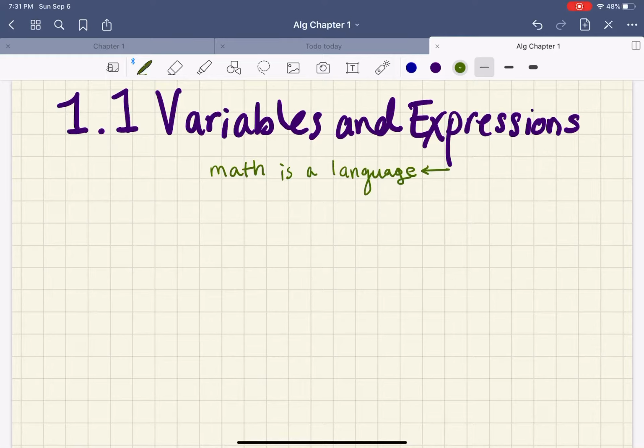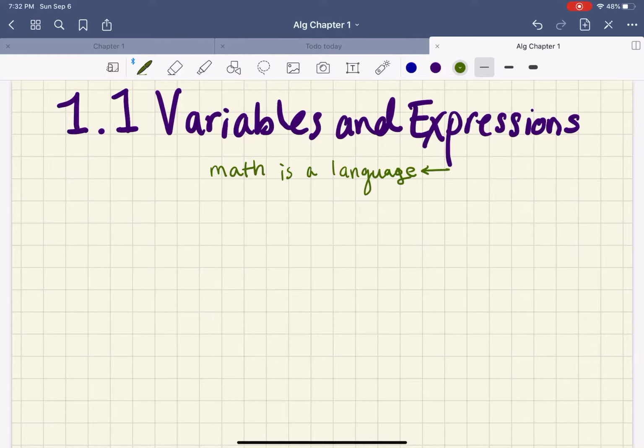All right, so let's get started. This is 1.1 variables and expressions. So you may or may not have heard people say before that math is a language. What we're going to be doing for this section is kind of reviewing the language. One of the real situations that you have to translate between math and English is when you're doing word problems.